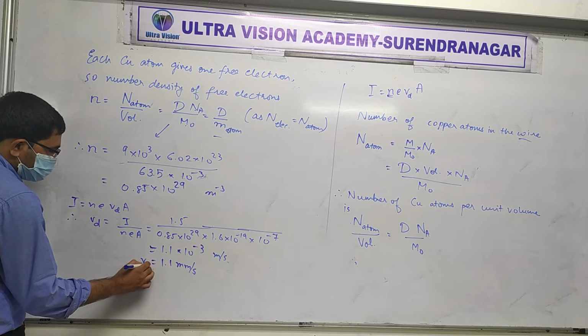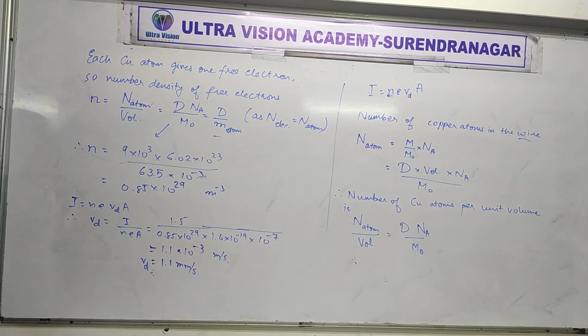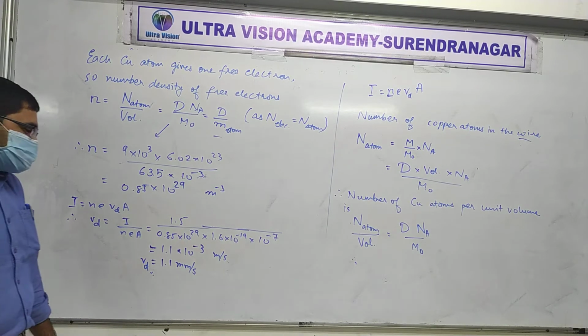What a small drift speed, see, compared to the random motion speed of electrons, which was 10^5, and this is 10^-3. Yes or no? So there is a huge difference between them.